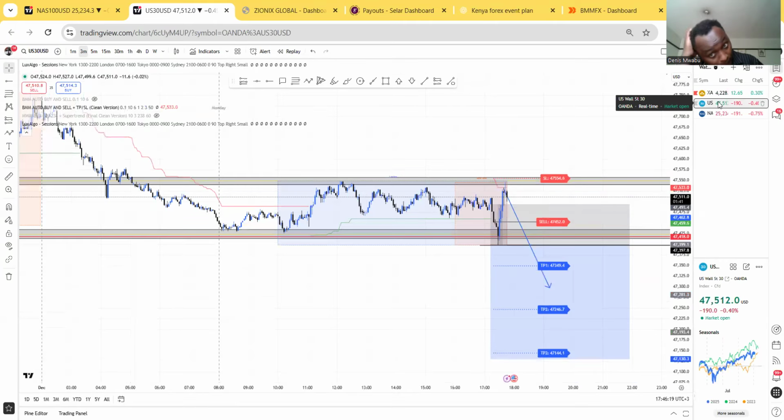That US30 will push up. Nice. I'm still holding 4 positions, 2 lots. I think it's pushing up.